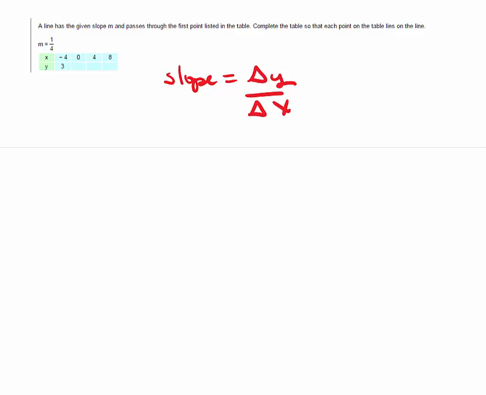Here it's telling me the slope is 1 over 4. So in every case, x is going to go up by 4: -4 plus 4 gives me 0, plus 4 gives me 4, and 8. Y is only going to change by 1 unit, so I can fill in the rest of the table. 3 plus 1 is 4, 4 plus 1 is 5, and 5 plus 1 is 6.